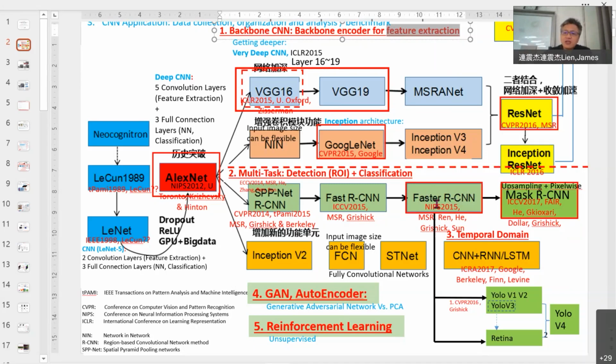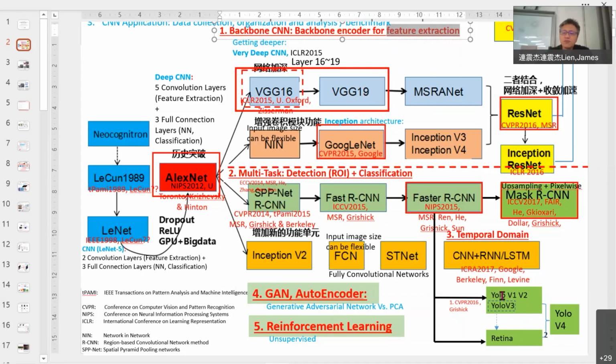So Faster here will include the encoder and decoder. Okay, so it's a difference.